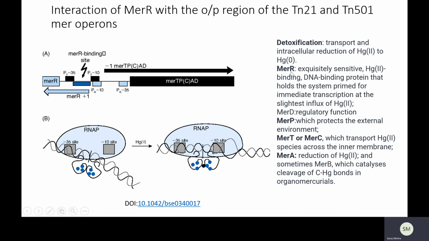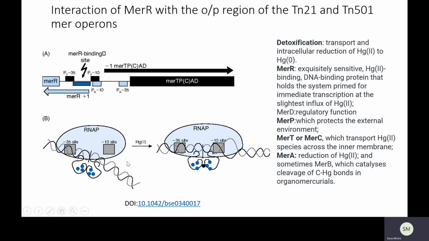Either in the absence of mercury or in the presence of mercury, there is a change in the conformation of this repressor protein, and it is now able to bind to the DNA, as a result of which this microbiological system gets primed for immediate transcription at the slightest influx of mercuric ions.